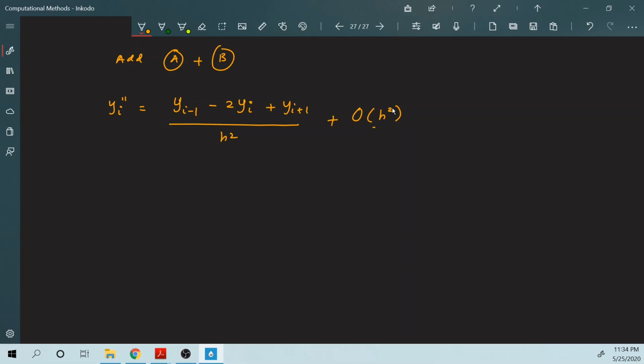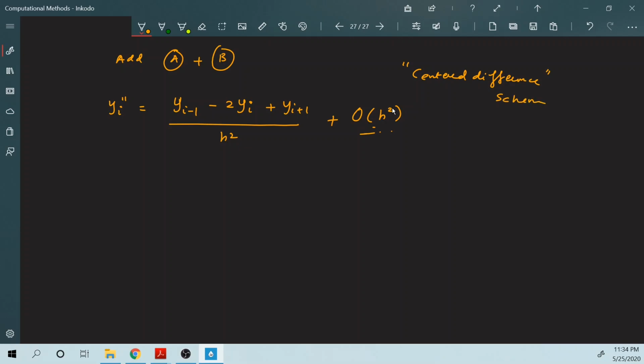When it is h cube, more accurate. H raised to 4, obviously more accurate. So as the power of h increases in this order, the truncation error reduces. Okay. So this is for the second derivative, and this is known as centered difference scheme.